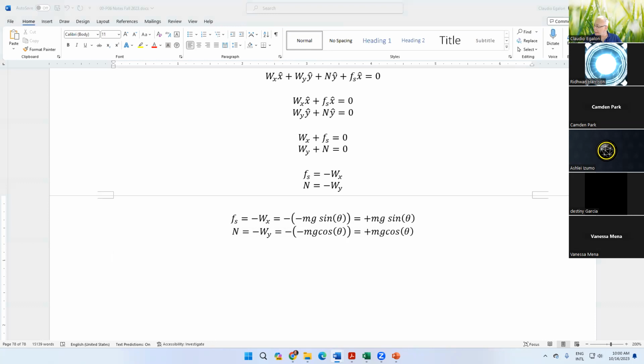That's what we have for this type of problem. Oh, it's 10 o'clock already. And then you can do that for the object moving with constant velocity. There is another relation for this force of static friction that I still didn't introduce to you. I'm going to introduce that very soon.